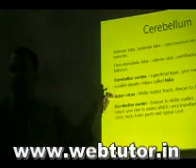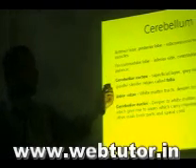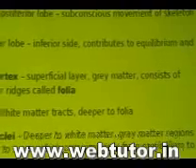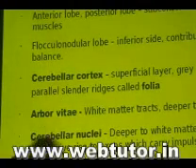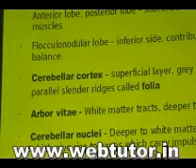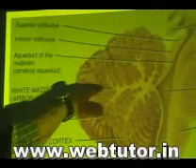Okay. Then, if you see your cerebellum, it has a superficial covering called the cerebellar cortex. It's a superficial grey matter. Grey matter consists of parallel slender ridges called the folia. So if you see this diagram, these are your folia.